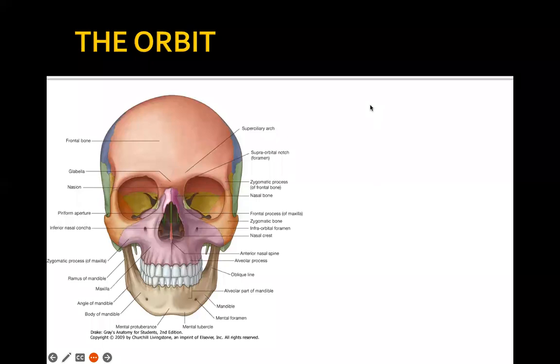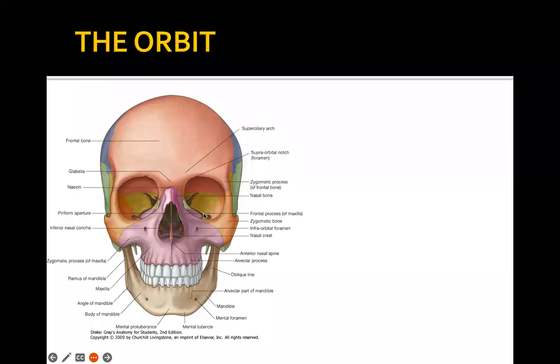Good. So if superior ophthalmic vein passes through the superior orbital fissure, and we know from here that if this is superior orbital, then obviously this one will be what? Inferior orbital fissure, without thinking. So that should be the inferior orbital fissure.